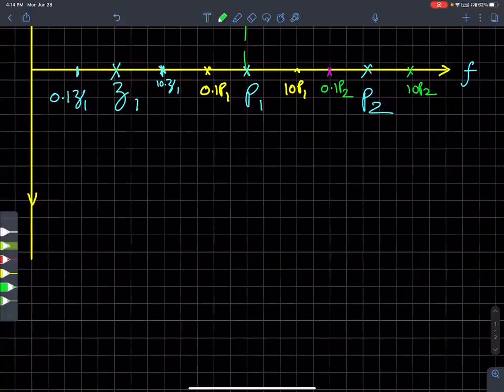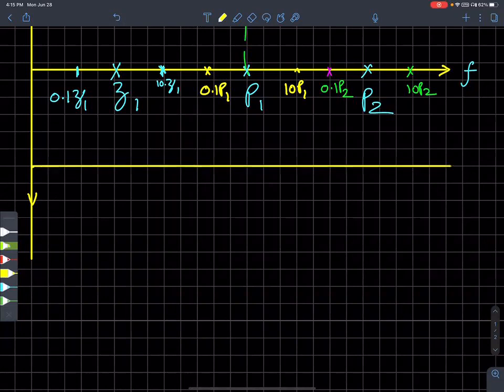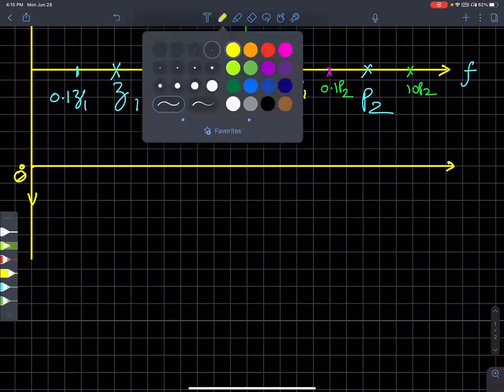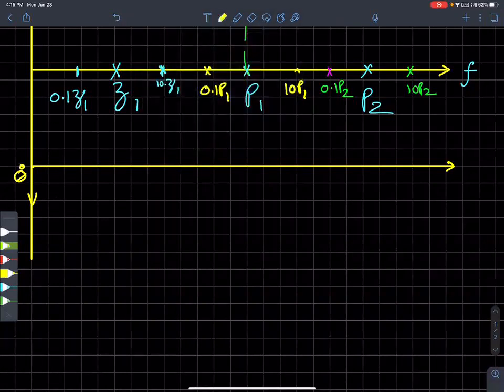Wherever the phase begins, say it begins at 0 degrees. If this were your zero location, a zero contributes 90 degrees to the phase shift.